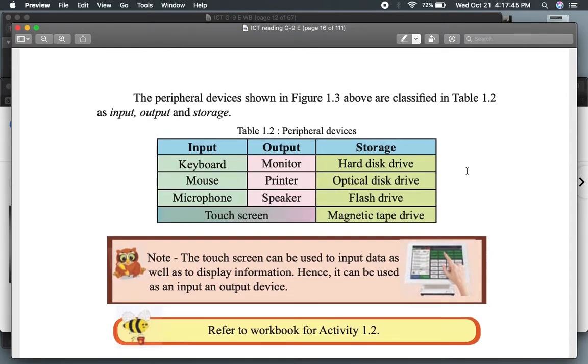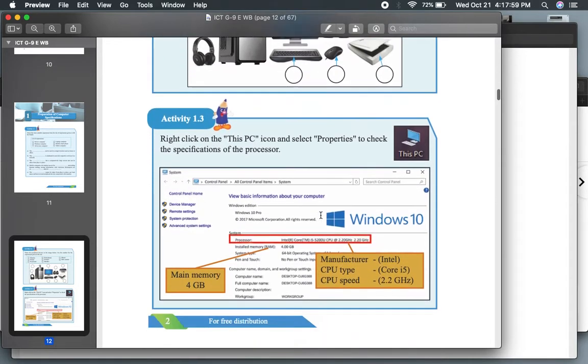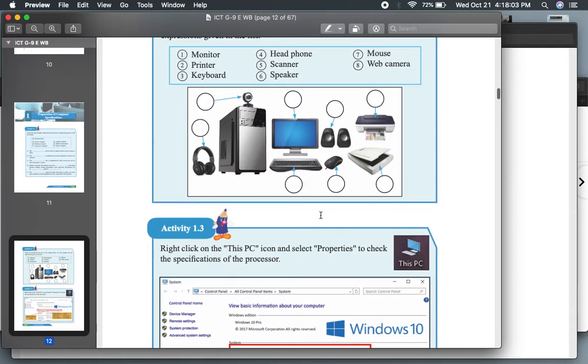Then we come to Activity 1.2 in your workbook. If you could take your workbook out and go to Activity 1.2, which is on page 2.